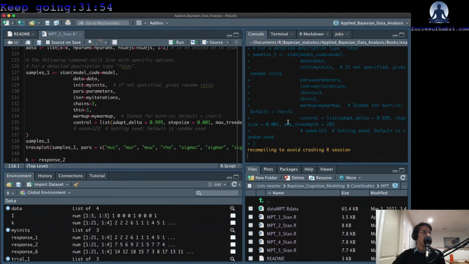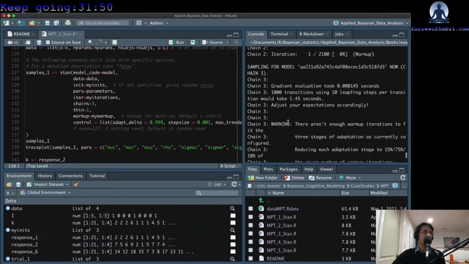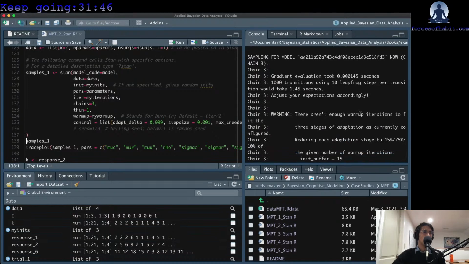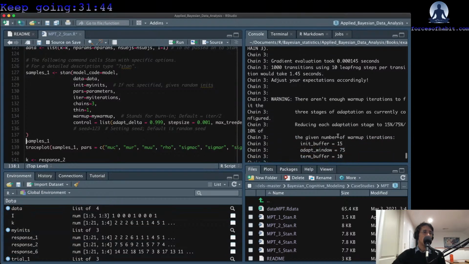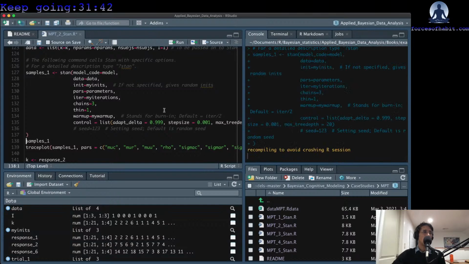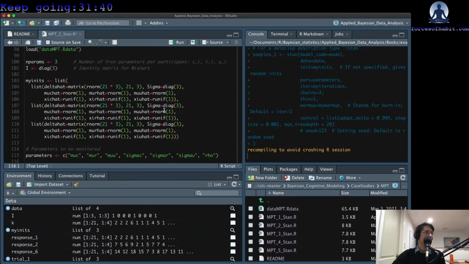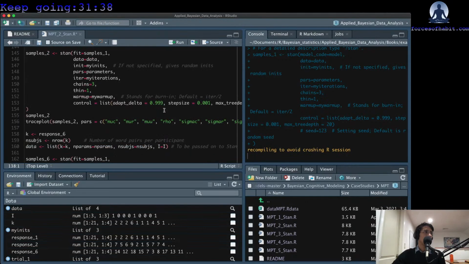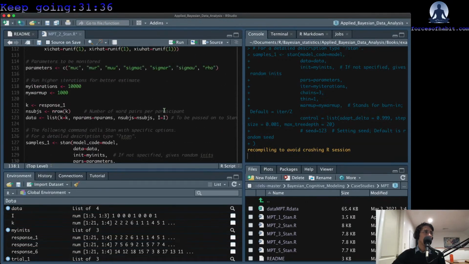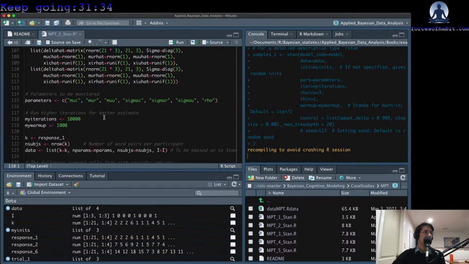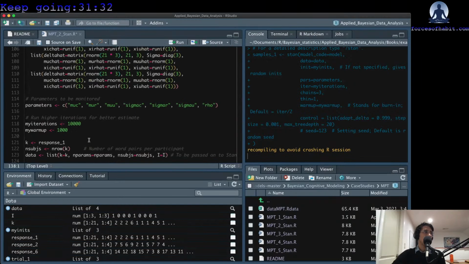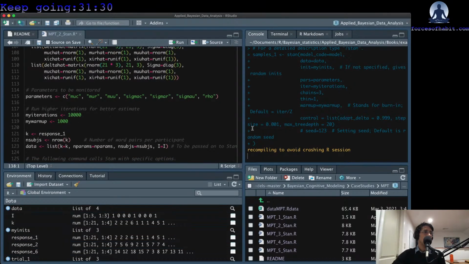But it looked like the reason I was having issues was that, at least that's what it was telling me here, there were not enough iterations in the warm-up. So that might have been causing some challenges. So I just increased the sample iterations pretty big. So this actually might just take a long time.